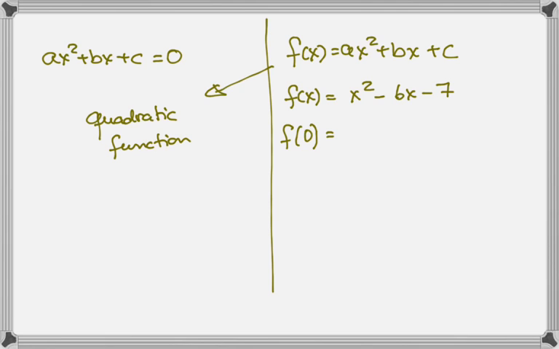So all your x's that you have in the original function will be replaced with 0. F of 0 means x is equal to 0. 0 squared minus 6 times 0 minus 7. So the answer is f of 0 equals -7. Basically, you just found the y-intercept. That's what we're doing.